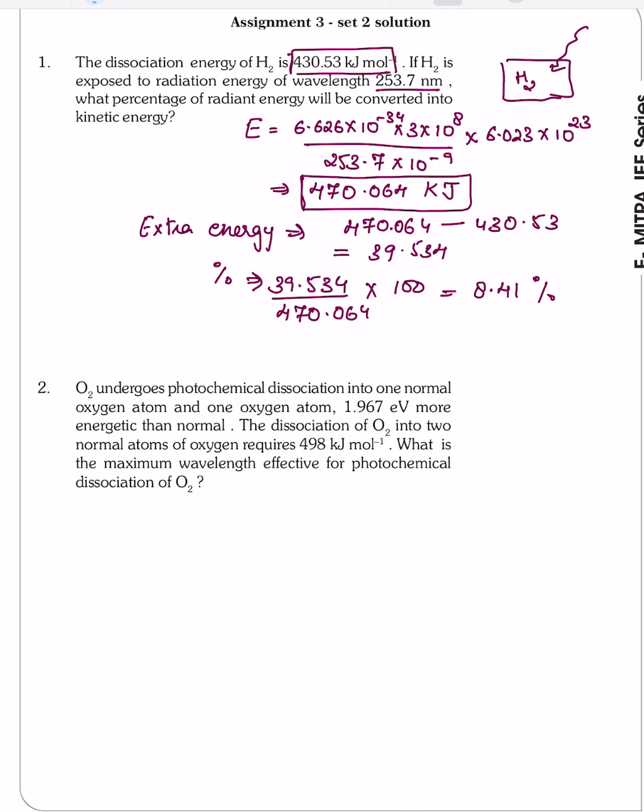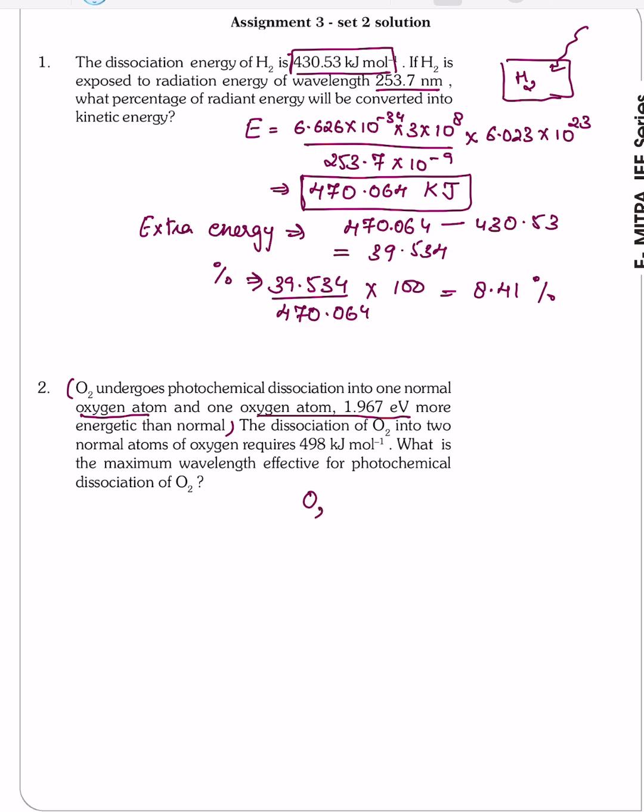Let's take up question number 2. It says oxygen undergoes photochemical dissociation into one normal oxygen atom and one oxygen atom 1.967 electron volt more energetic than normal. Okay, so first understand only this much. What is it saying?